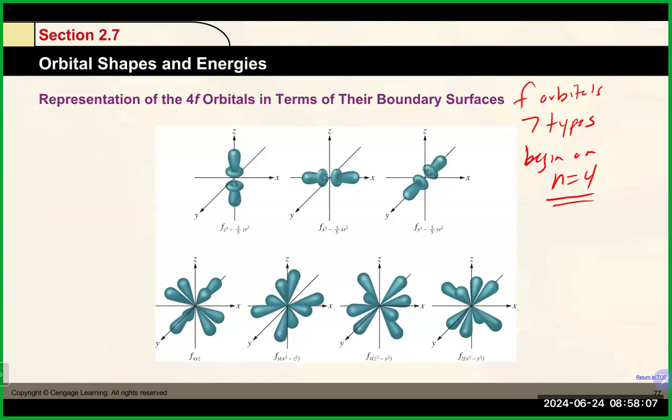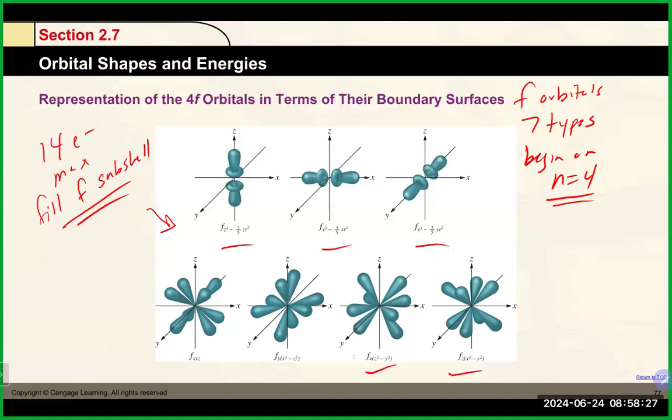There are 7 different types of them, which are all these here. Since each one can hold 2 electrons, 7 times 2 is 14 electrons maximum if you fill the f subshell. Each one holds 2, so 2, 4, 6, 8, 10, 12, and 14 if you fill them all up.